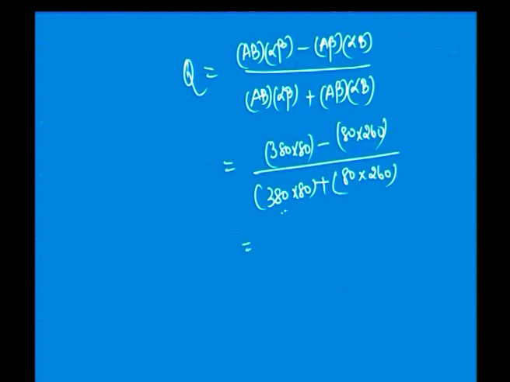After simplification, this is 9600 by 51200, which is equal to 0.1875, and this is greater than 0.